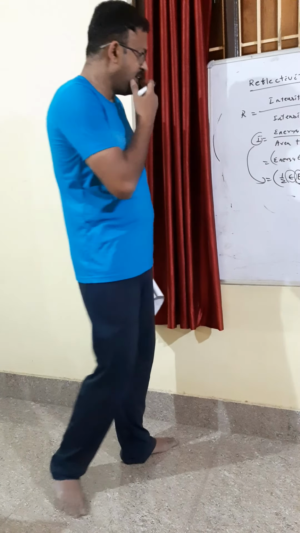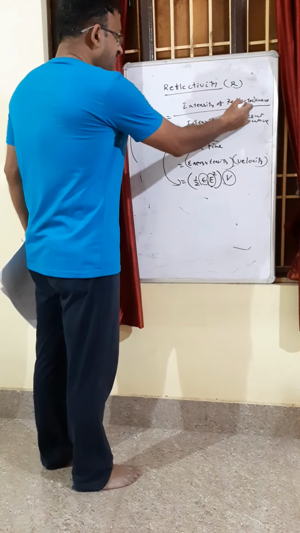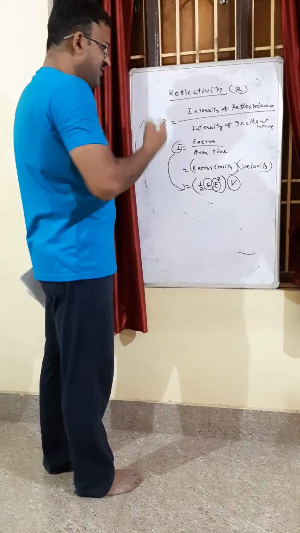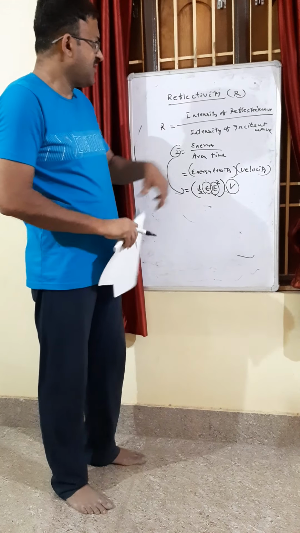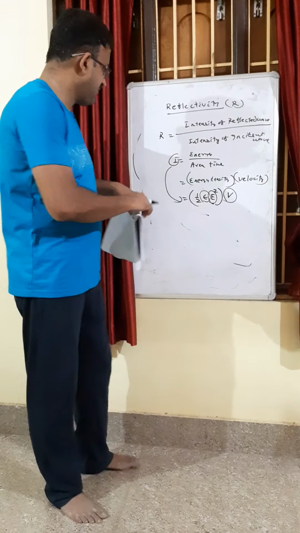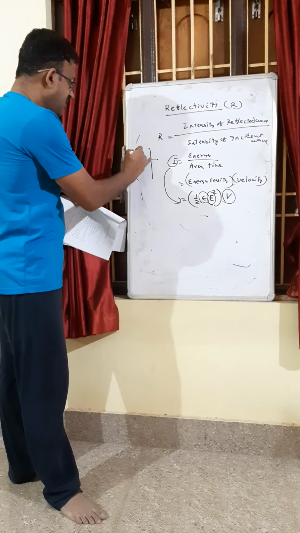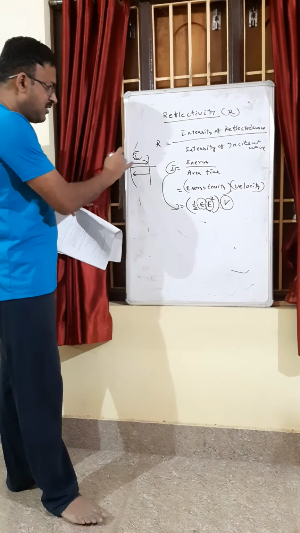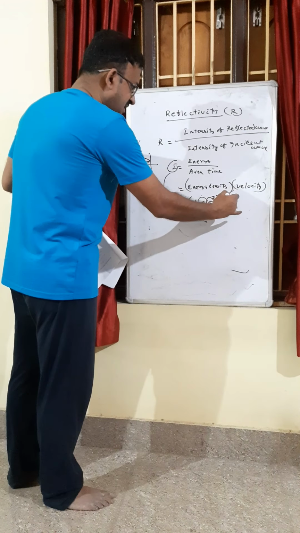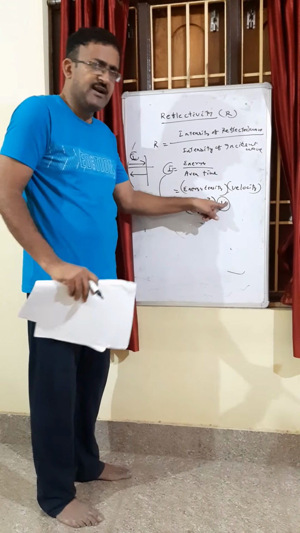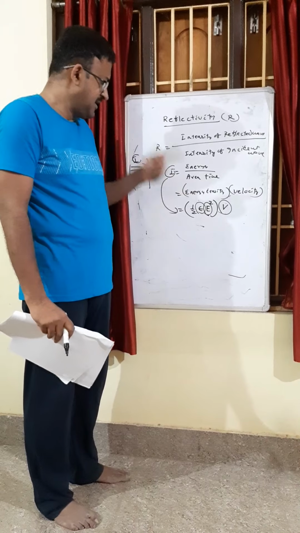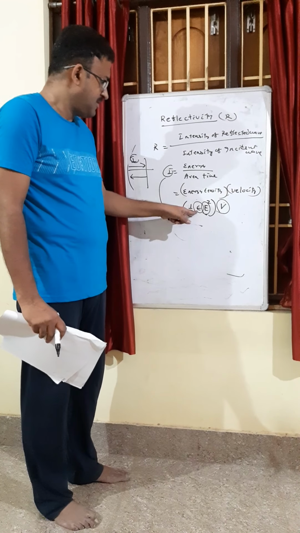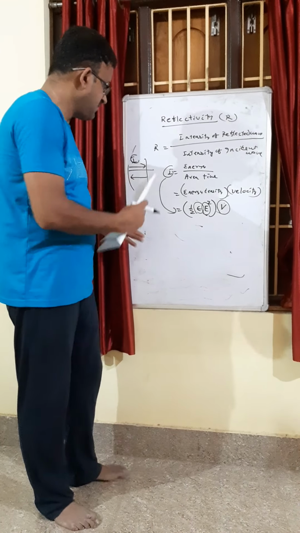So what happens when you compare the intensity of the reflected wave and intensity of the incident wave? Because the reflected wave and the incident wave both lie in medium 1, both have the same velocity. Epsilon is also the same for the incident and reflected wave.